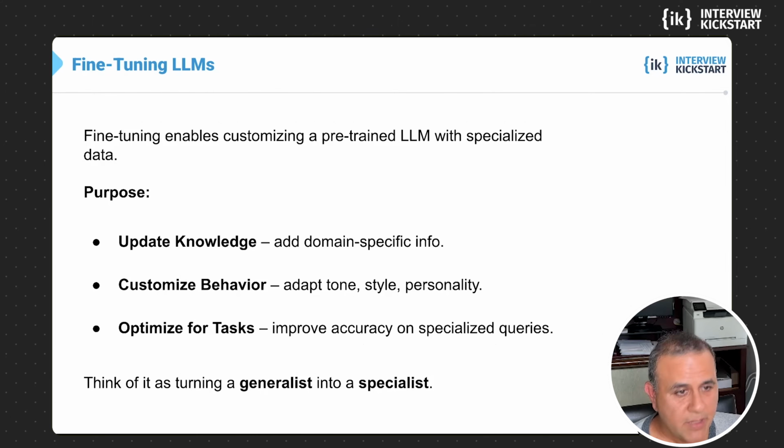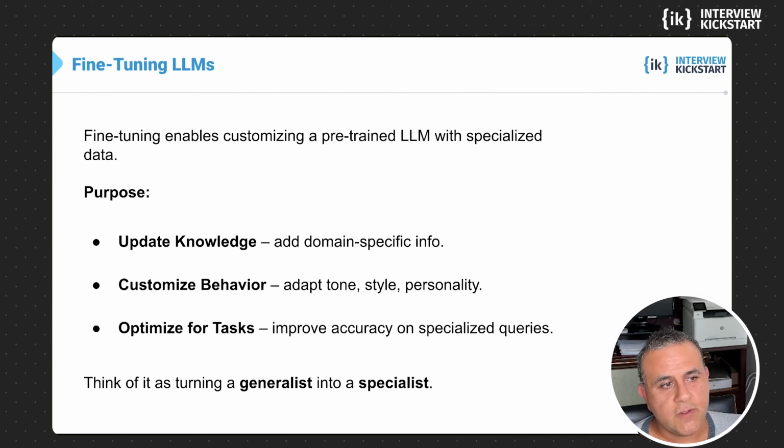This could even be company jargon, not industry jargon, which the model may not know the context of or what some of those words mean. A regular sounding word might mean something different in a specific industry. So fine-tuning is a way to train these models using that domain-specific data.